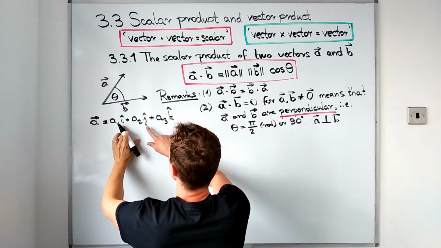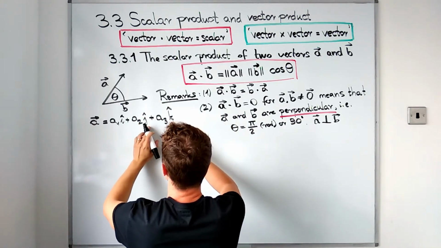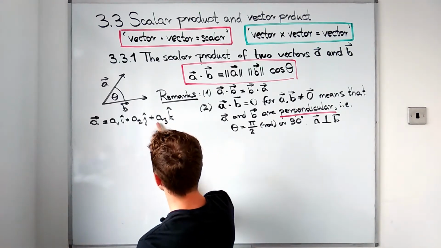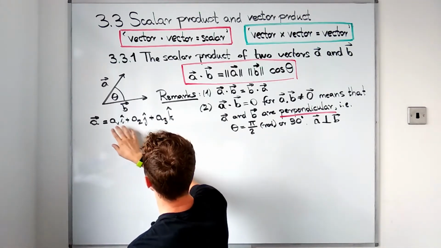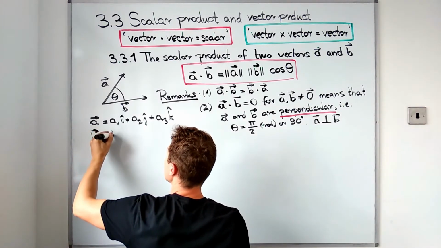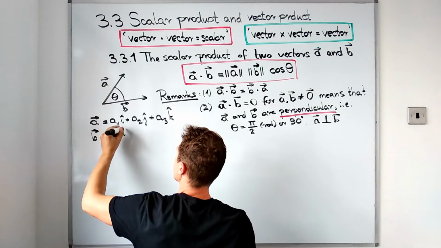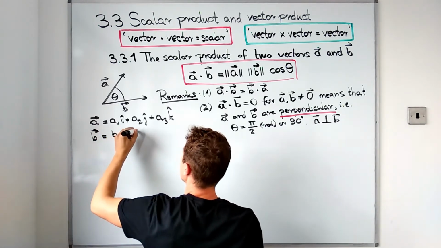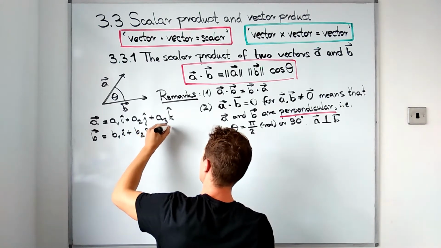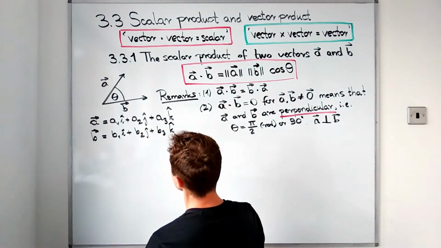I have these unit vectors along each of the positive axes, and A1, A2, and A3 are now real numbers, the coordinates of my vector. And similarly for B, I will get B1, B2, and B3 as its coordinates.